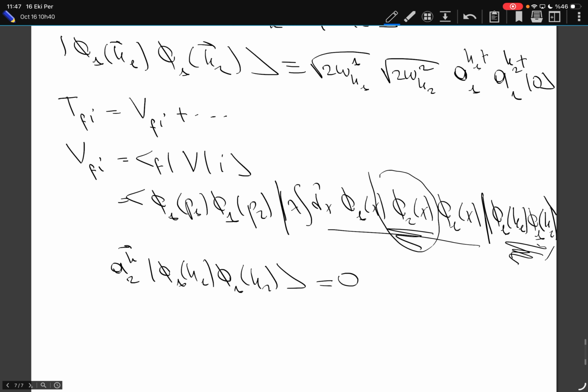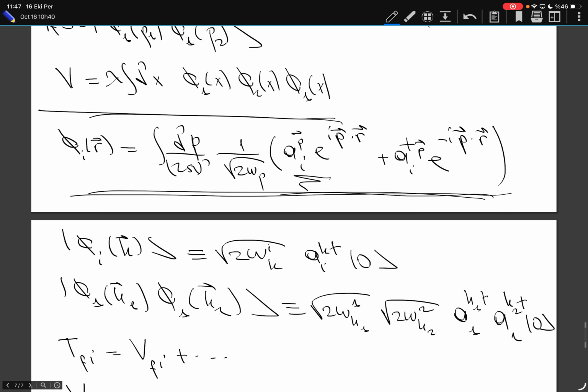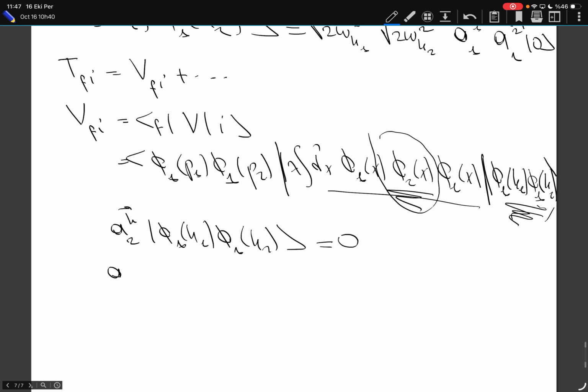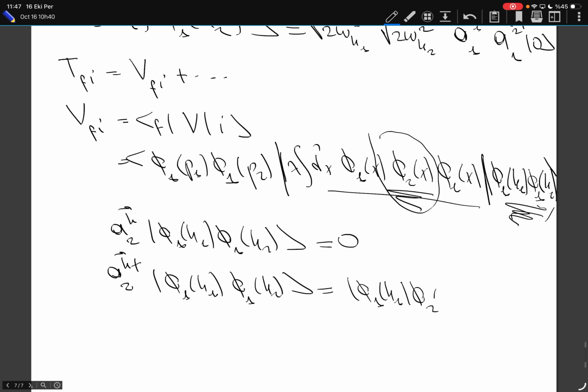But similarly, let's look at the other term, this a_i dagger. What it will do is create a second type of particle, with some coefficients.